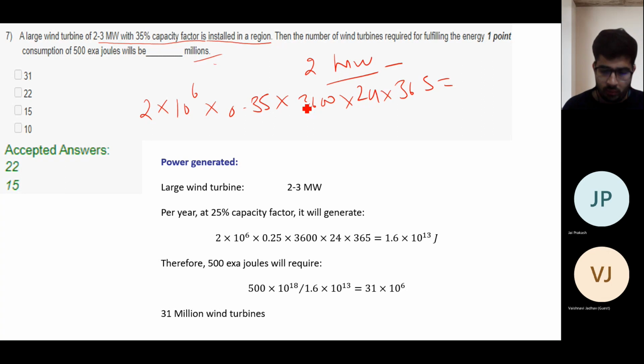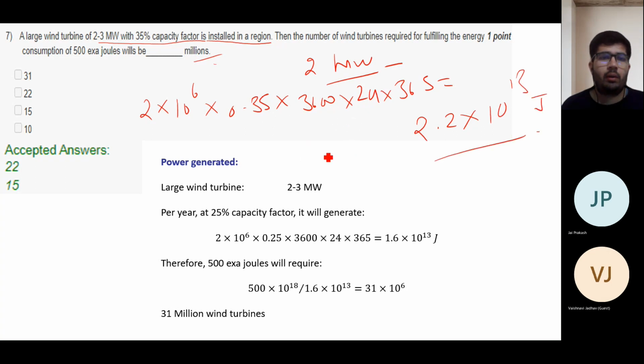This will come around 2.2 into 10 to the power 13 joules. Okay, so you know the 500 exajoules will be required.